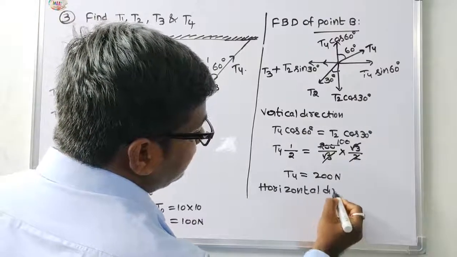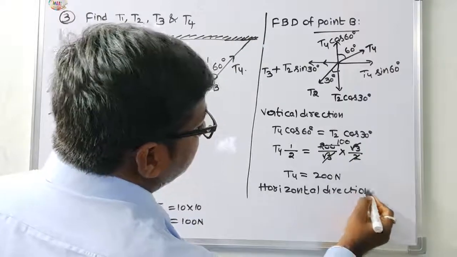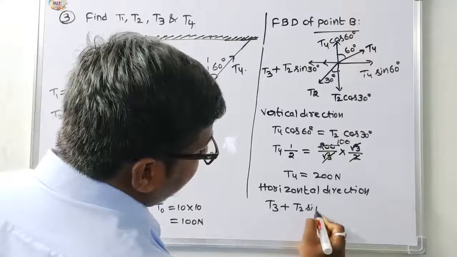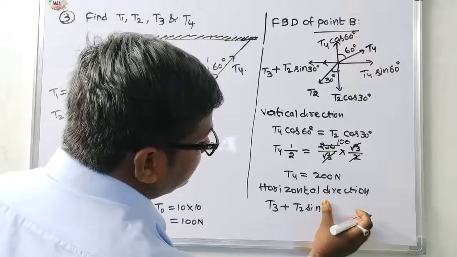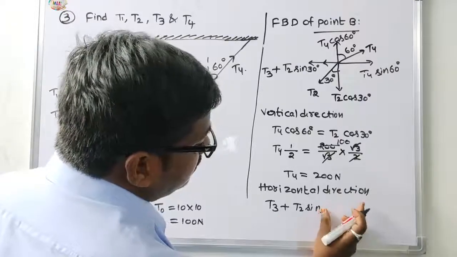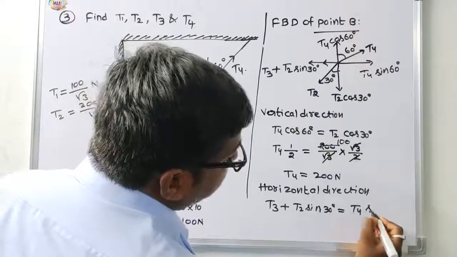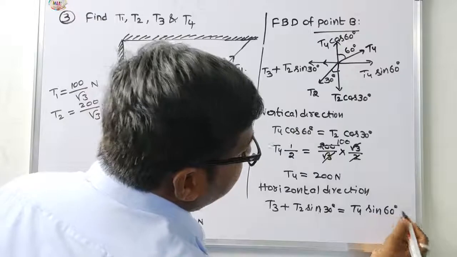Next, the horizontal direction. In the horizontal direction, T3 plus T2 sin 30 degrees is equal to T4 sin 60 degrees.